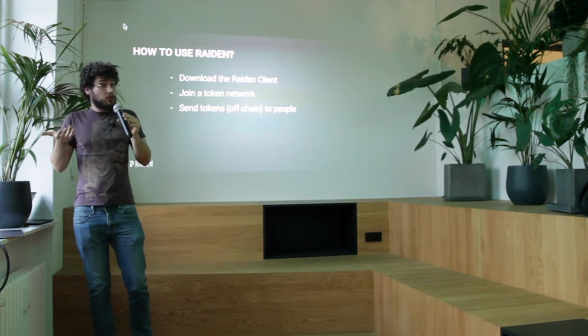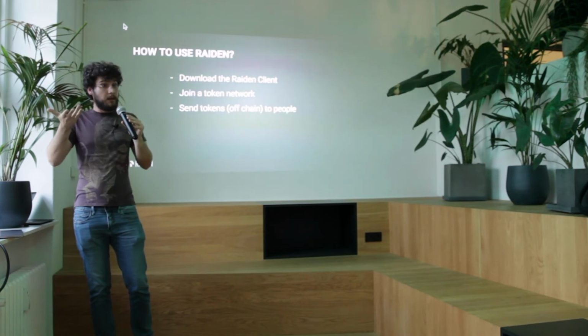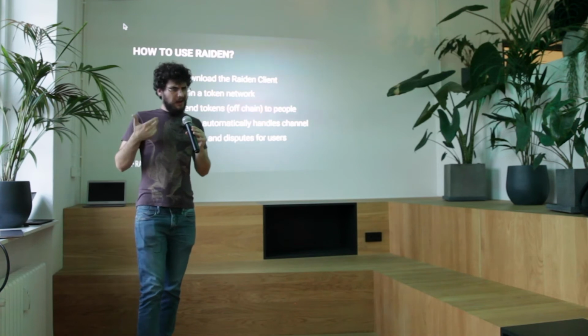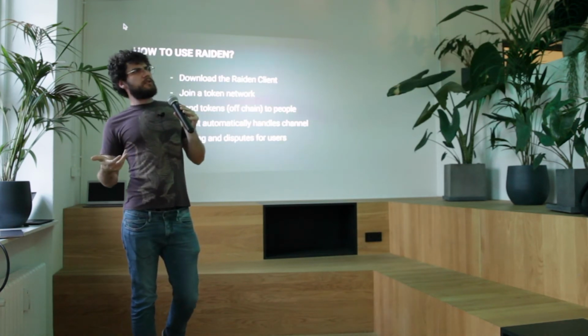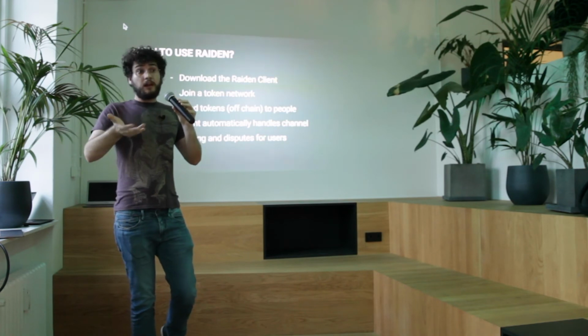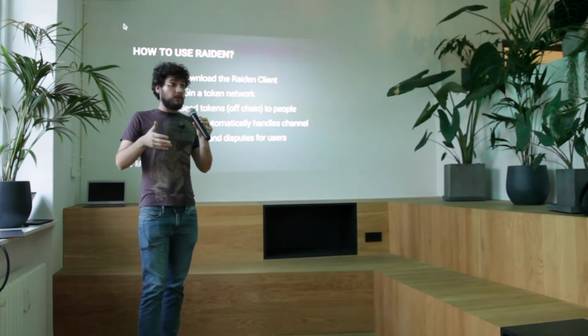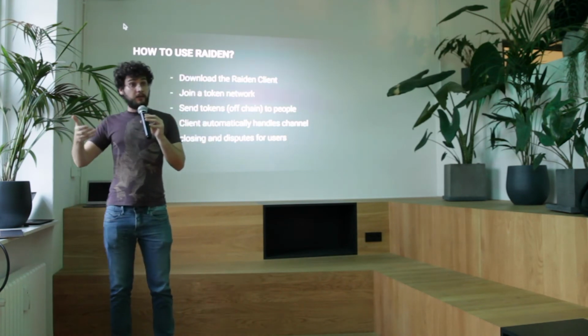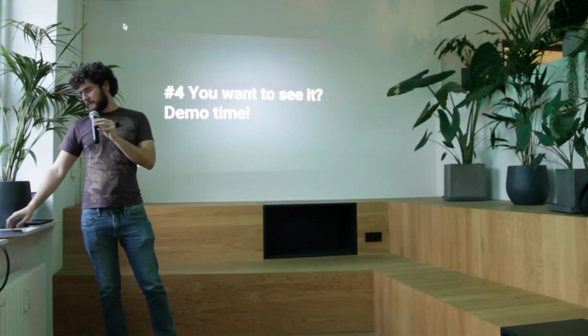Once you have channels open, you can use the network and make payments. And if anything happens and you need to secure your tokens on-chain, the client is going to take care of that for you automatically. The client is actually watching the blockchain and reacting to the events that happen on it.